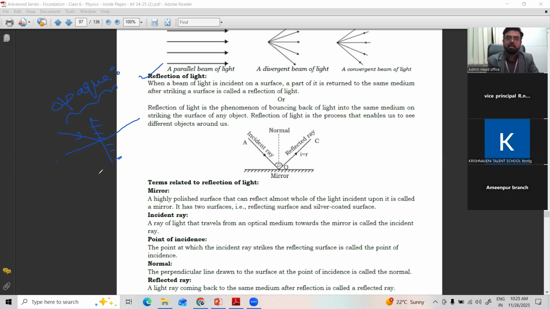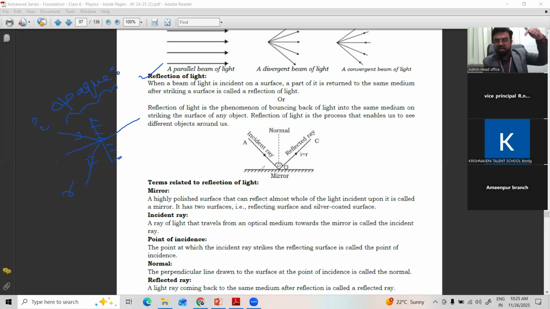That is called incident ray. After striking the mirror, it reflects back. It is called reflected ray. So bouncing back of light or returning back of light into its original medium is called reflection of light.